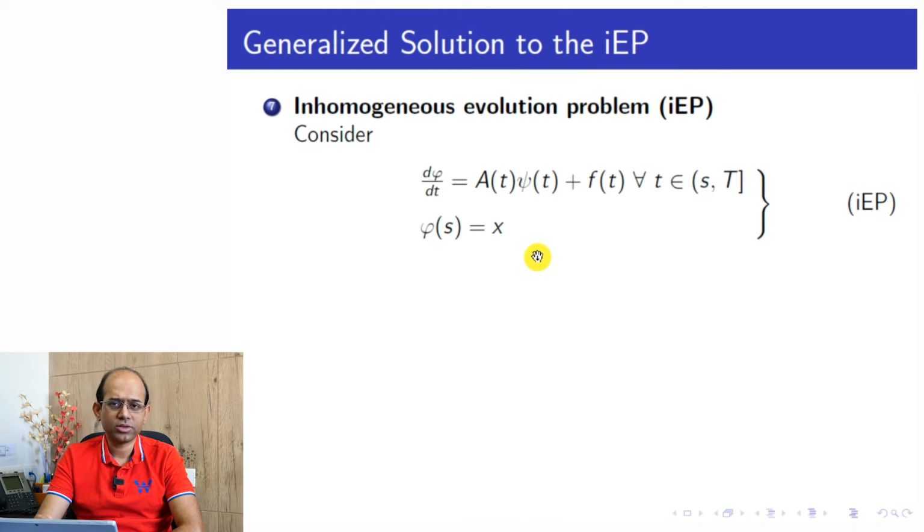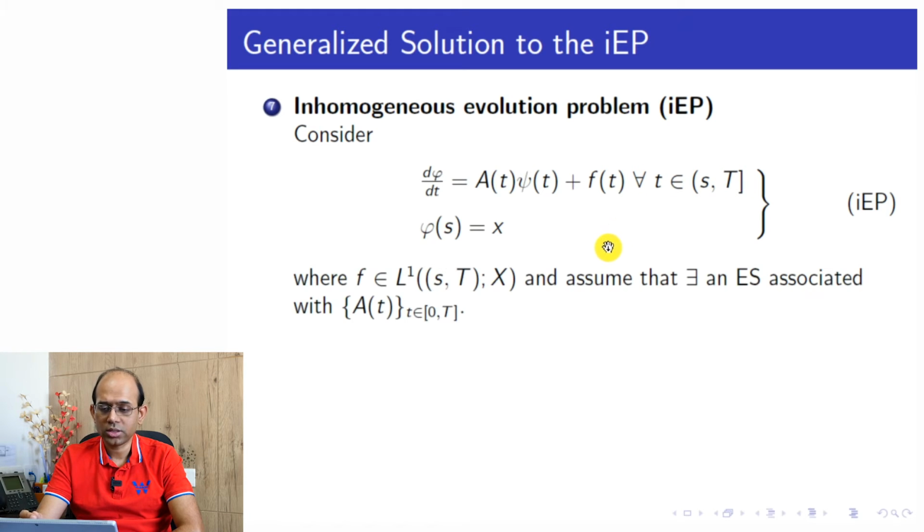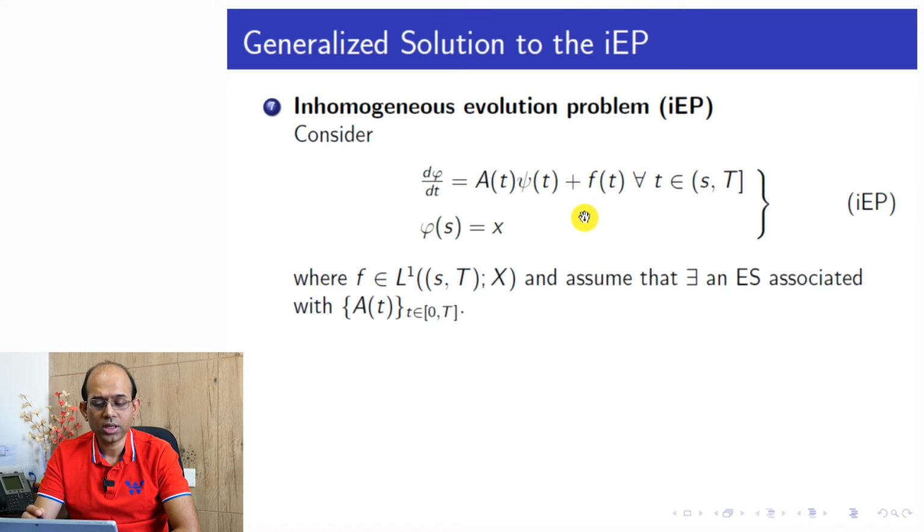This slide we have seen in the last lecture: the inhomogeneous evolution problem, IEP in short. There is a typo here; I should have written phi. d phi/dt is equal to A(T) phi(t) plus f(t), and phi(s) is equal to x. This is true for all t in [s, T].